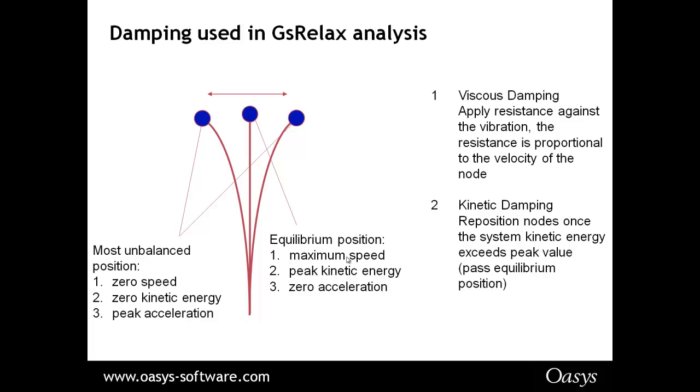So at each stage it finds the points where kinetic energy is maximum, readjusts the geometry to those positions, and then carries on the analysis from there. So it can work quite well. Sometimes the kinetic damping can solve quicker than the viscous damping. It all depends.